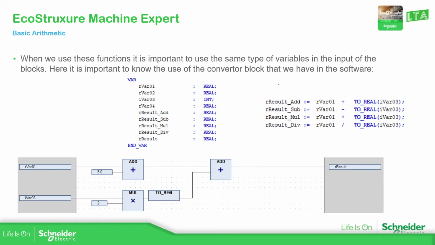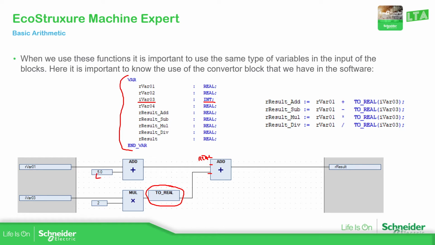Now, this one is CFC, but it can be applied to structured text. These are the variables that I have already defined, and if you take a look, iBar03 is an int, all the rest are real. So what we need to do is to use a converter here. In the add over here, all of the variables are real. This is the idea behind it.